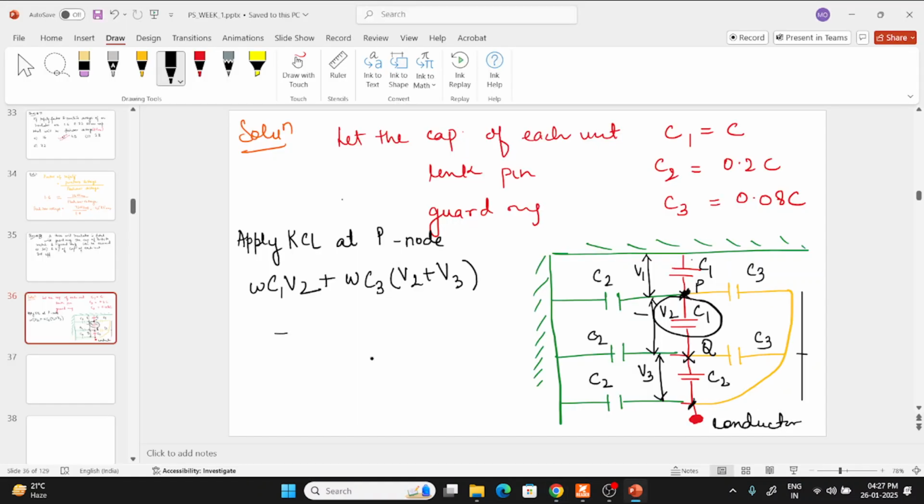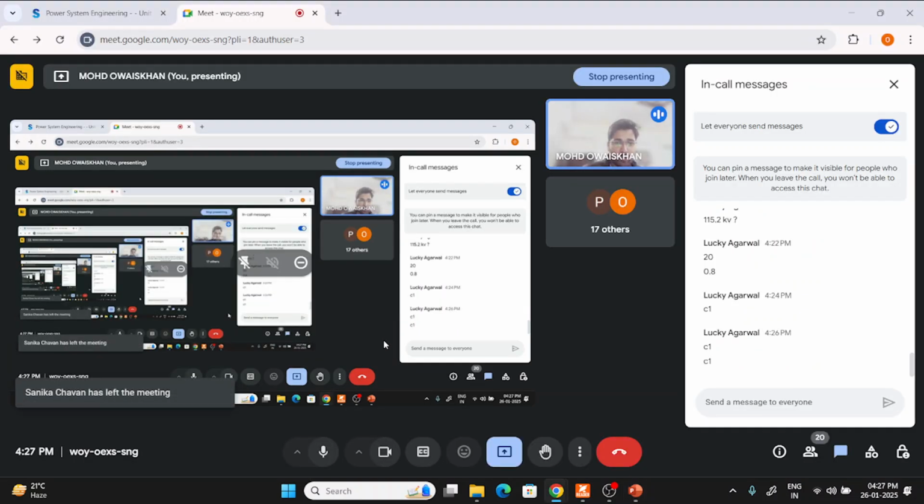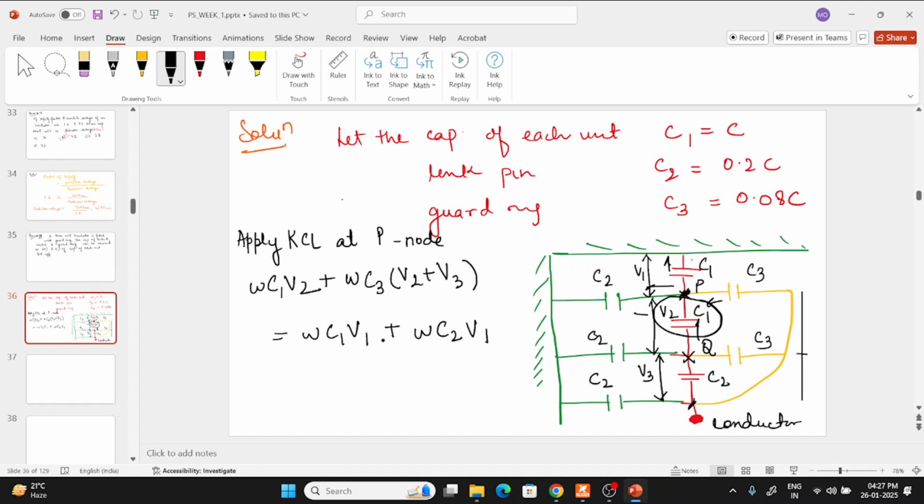This is equal to omega C1 V1 plus, now the current will go from here to this. So for this C2 it is omega C2, and across this C2 the voltage difference is V1. So I hope you have understood how to apply the KCL at point P.